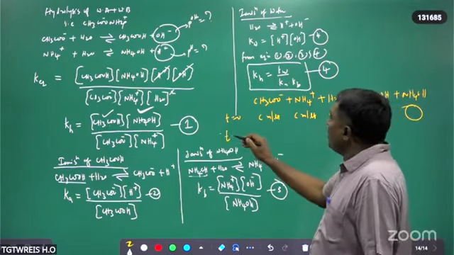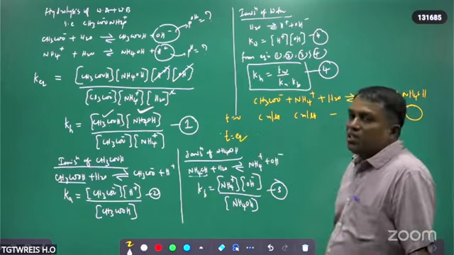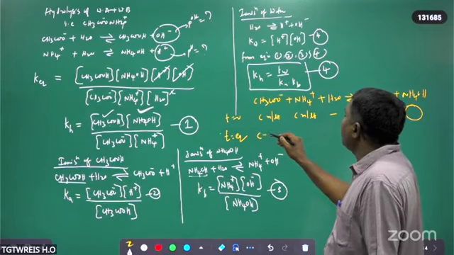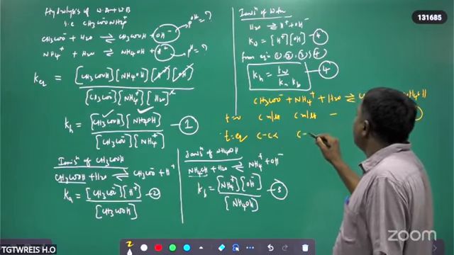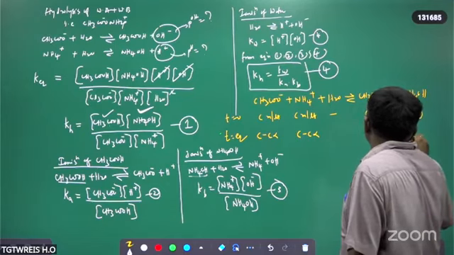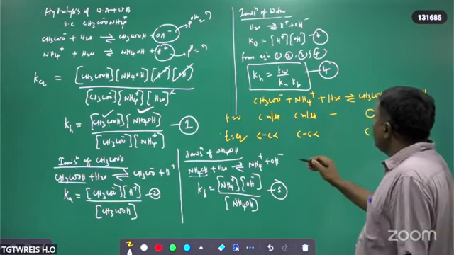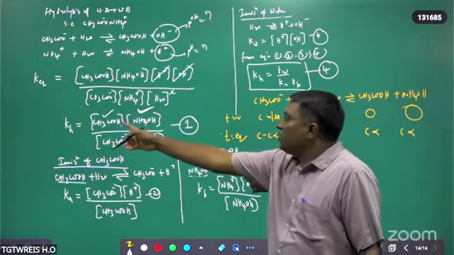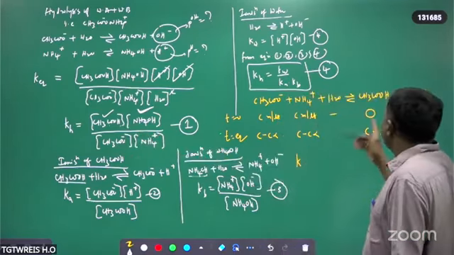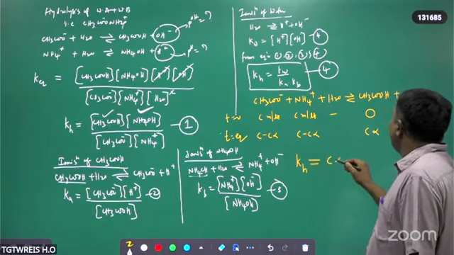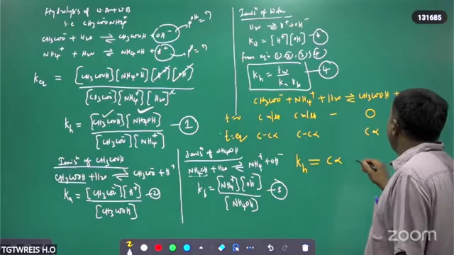At equilibrium, after the establishment of the equilibrium, this will be C minus C alpha. This also C minus C alpha. This is C alpha. This also C alpha. So what is our KH now? Acetic acid concentration is C alpha, so KH is equal to C alpha into C alpha.